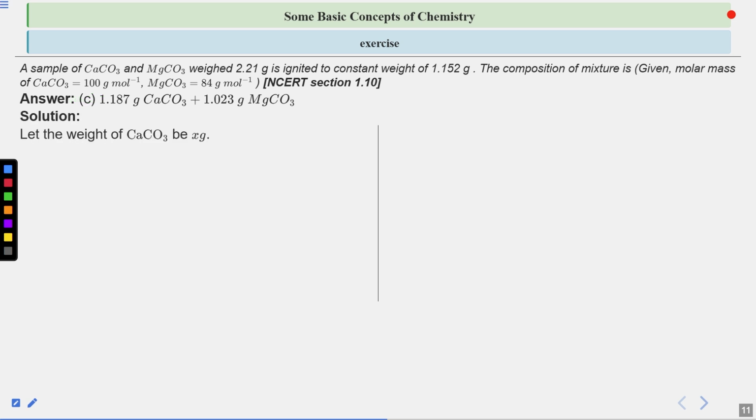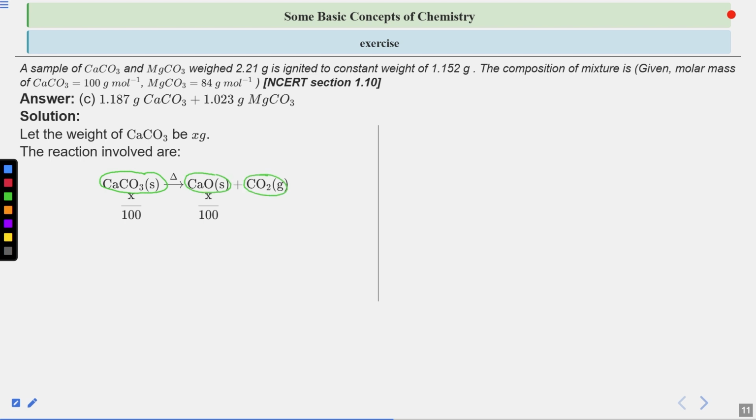What is given in the question? We have calcium carbonate and magnesium carbonate, and this whole mixture has a mass of 2.21 gram. If we consider the mass of calcium carbonate as x gram, then we can write the combustion of calcium carbonate, where the products will be calcium oxide and carbon dioxide.